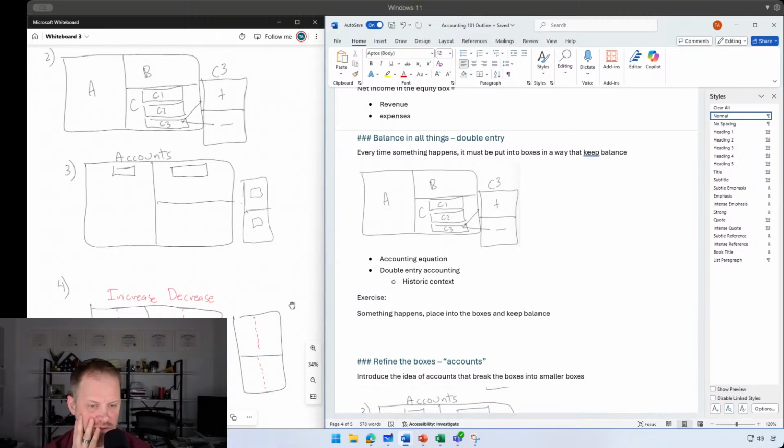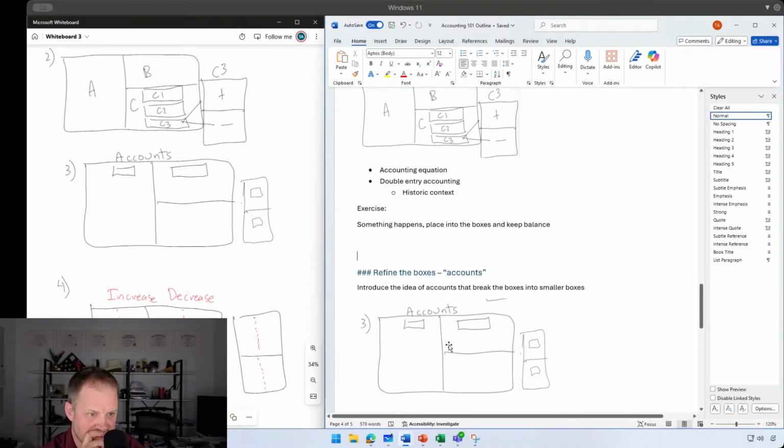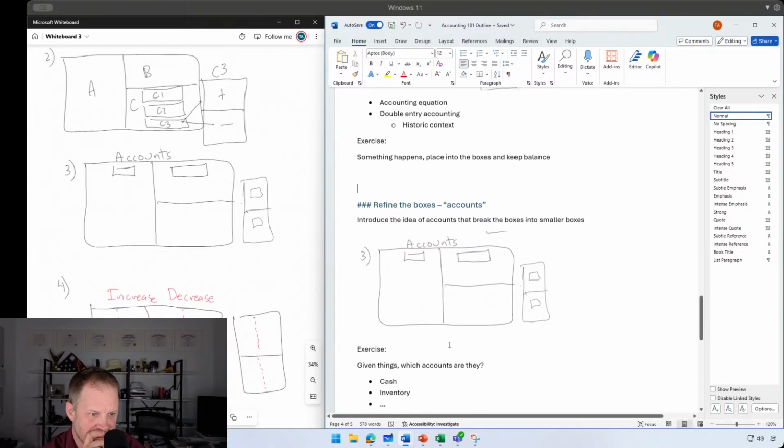How am I going to show that? I'm going to say, okay, here's something that happens. If I'm throwing it into the boxes, I'll use pluses and minuses.